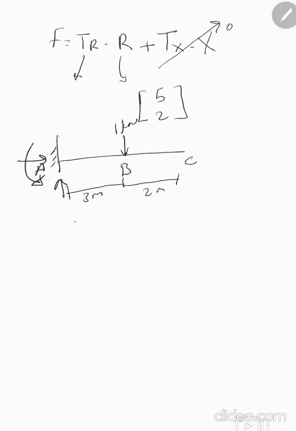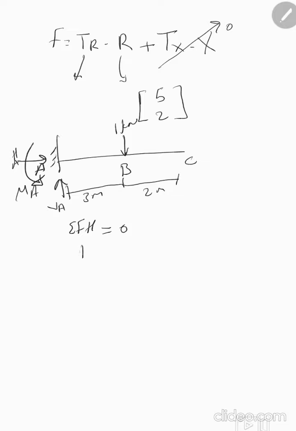Now summation of horizontal forces equals 0. We don't have any horizontal force applied on the structure, so let's call these VA and HA, and this is MA.